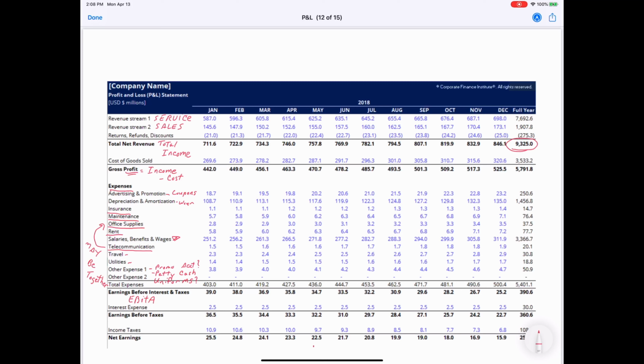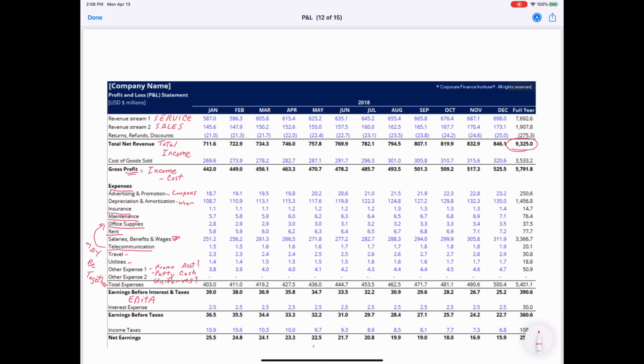Basically, your interest is going to be the amount of money you have to pay back to whoever lent you the capital money to get started. And then taxes are what you're going to have to pay to Uncle Sam, income tax or sales tax.